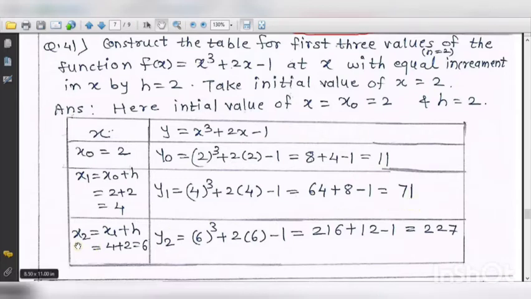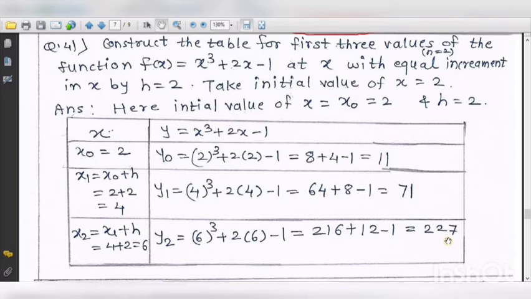Now obtain x2. How to obtain x2? Add h to x1. So x1 equals 4, h equals 2, so 4 plus 2 equals 6. Substituting 6 in the formula of the function, what do we get? 6 cube plus 2 into 6 minus 1 equals 227.